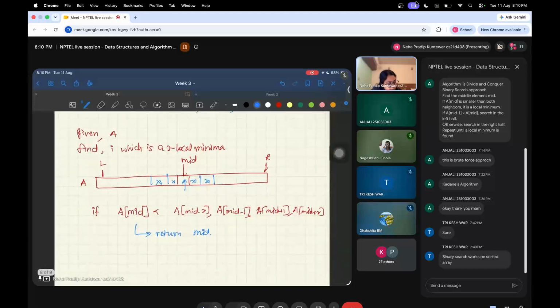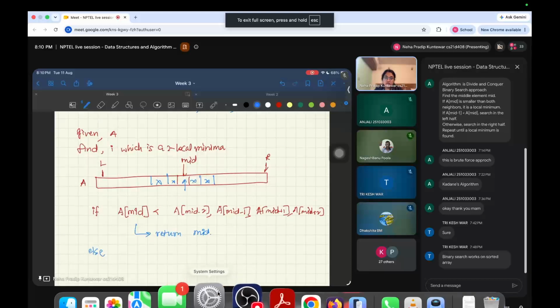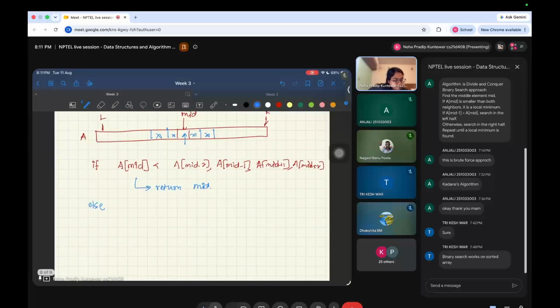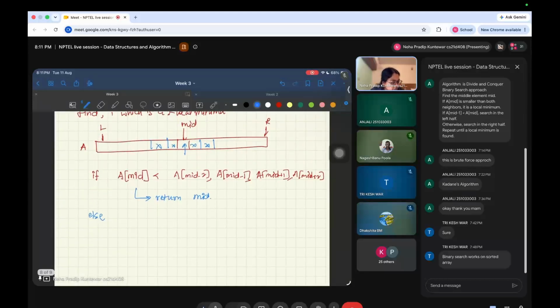If not, then what are the possible cases? Let's take examples.